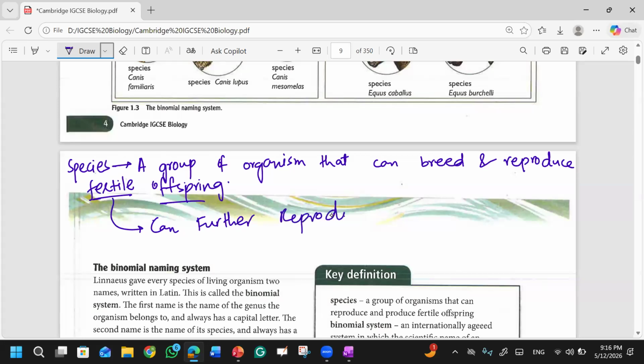This is how generations go on. Now you have first generation, second generation, third generation. There are so many generations of one family, right? So this is how it works.